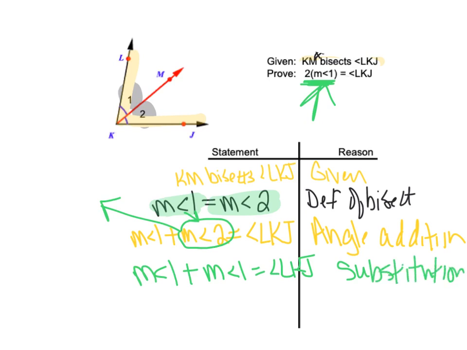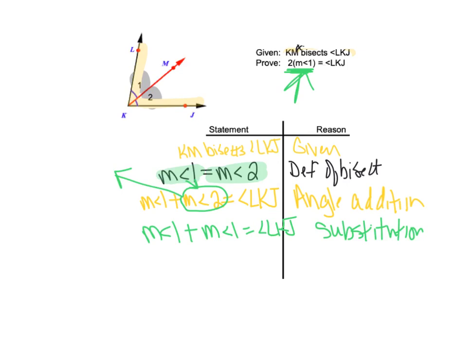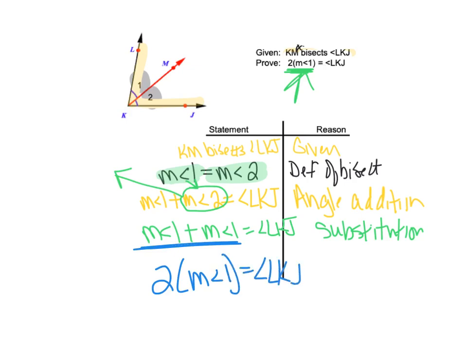I took out angle 2 and put angle 1 in its place because angle 1 and angle 2 are interchangeable. Now I have angle 1 and angle 1, two of them on the same side. I can combine like terms and get 2 times the measure of angle 1 equals LKJ. And all I did there was combine like terms.